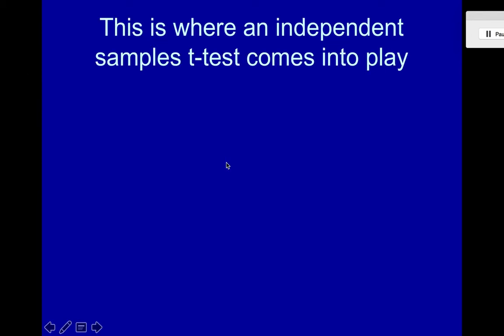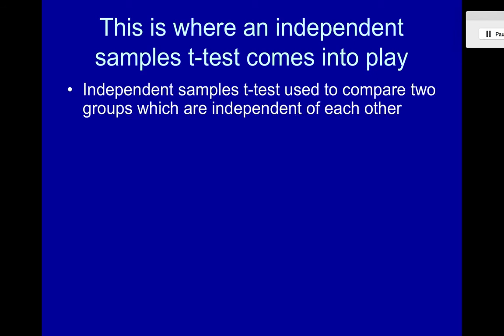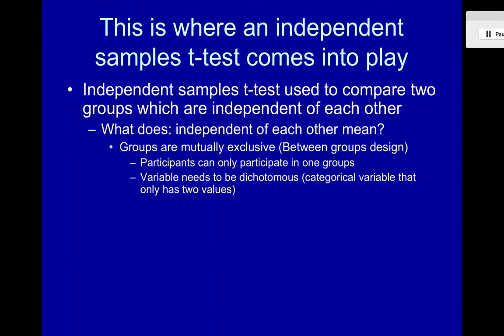So if we think about what an independent samples t-test is really going to be doing for us, it is really going to be useful since we have groups that are independent from each other. So in other words, we have groups that are going to be mutually exclusive. So that's really what the key for the term independent samples t-test signifies for us.